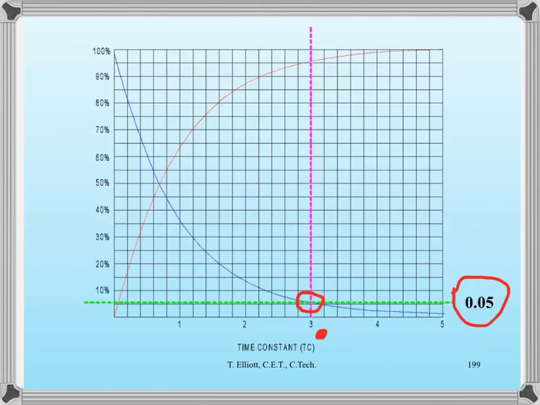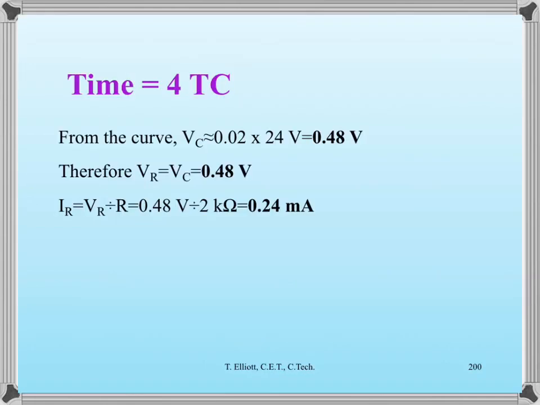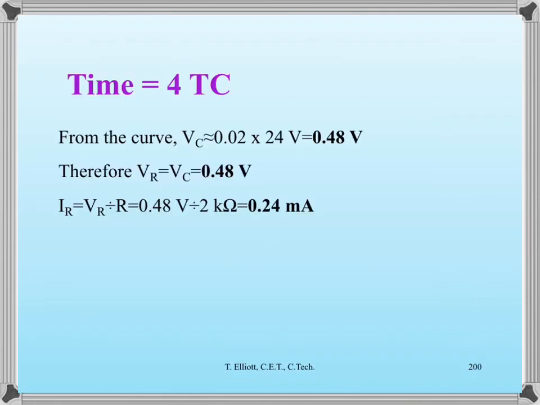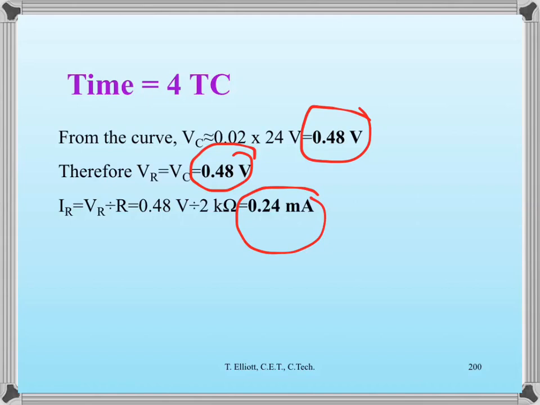So we're expecting to see the VR, VC, and the current decaying as we go down, and that's what we have. Four time constants. So we're almost done. Four time constants here, it's about 2% of its maximum. So that's about 0.48, 0.48, and about 0.24 milliamps.